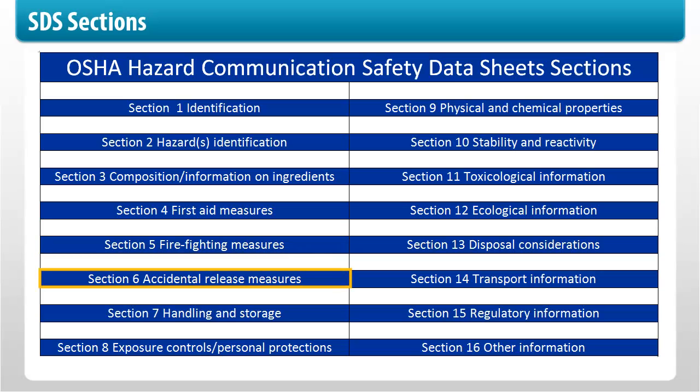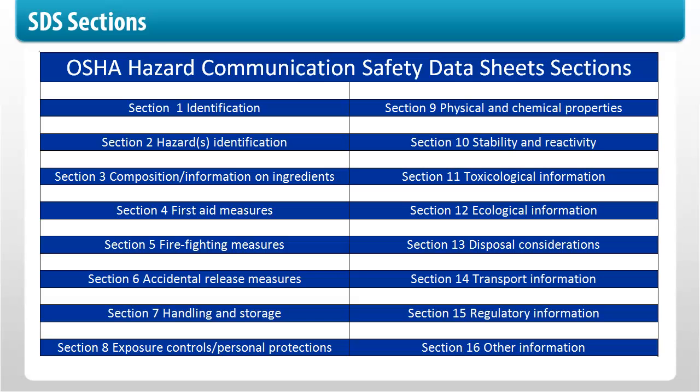Section 6, accidental release. Section 7, handling or storage procedures. Section 8, exposure controls or personal protection. Section 9, physical and chemical properties. Section 10, stability and reactivity. And Section 11, toxicological information.